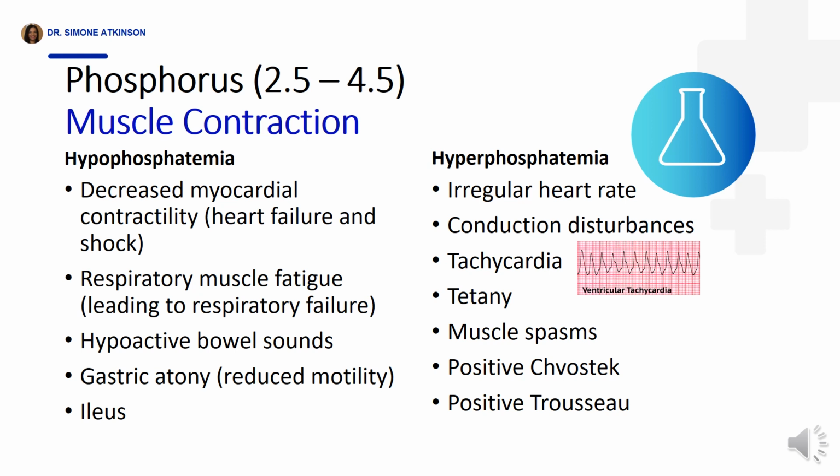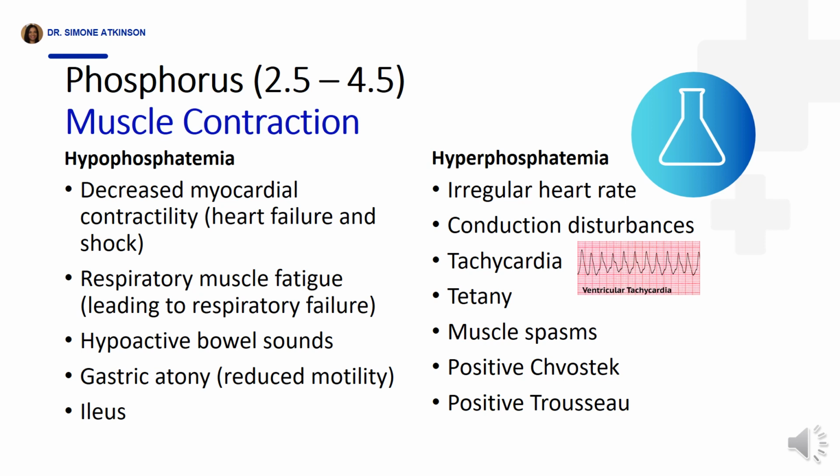So everything slows down with low phosphorus levels because phosphorus is needed for muscle contraction. On the flip side, hyperphosphatemia manifests as signs of hyperactive muscle contraction, such as irregular heart rate and conduction disturbances, such as tachycardias.